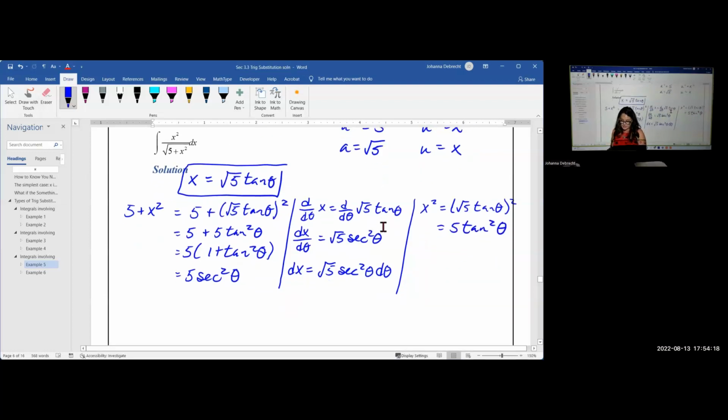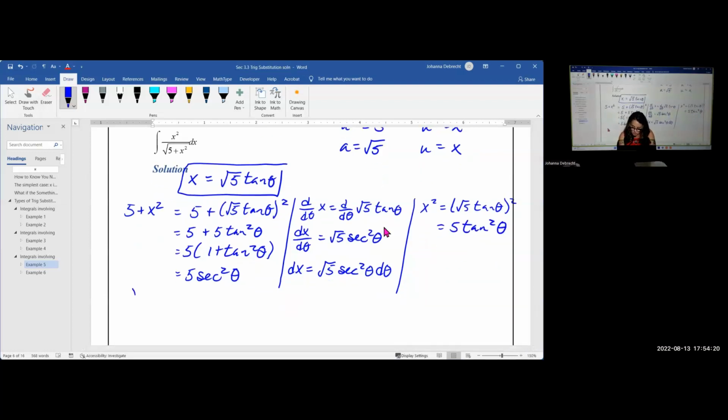Now we're going to replace each piece in the original integral so that we can integrate with respect to theta instead of integrating with respect to x. So we've turned it from an algebraic integral in terms of x into a trig integral in terms of theta. So my x squared becomes 5 tangent squared of theta. My denominator becomes the square root of 5 secant squared of theta.